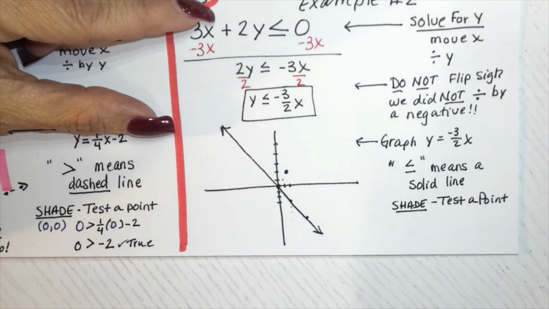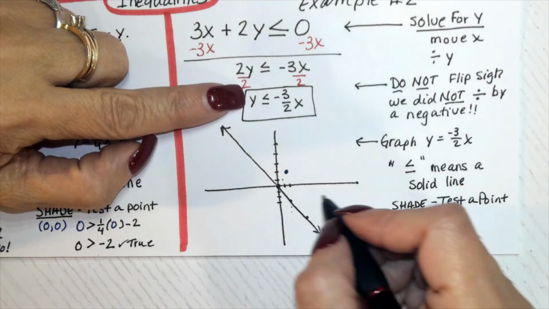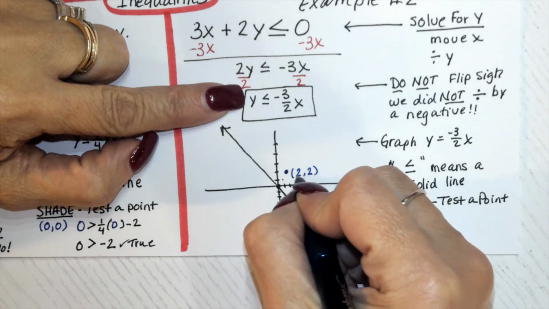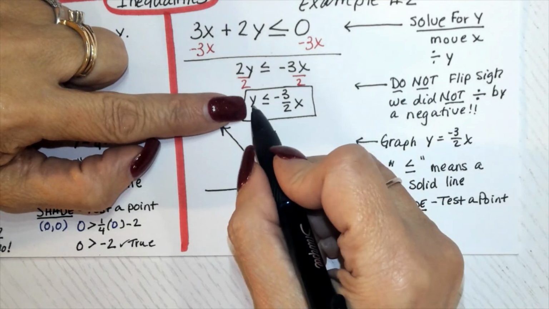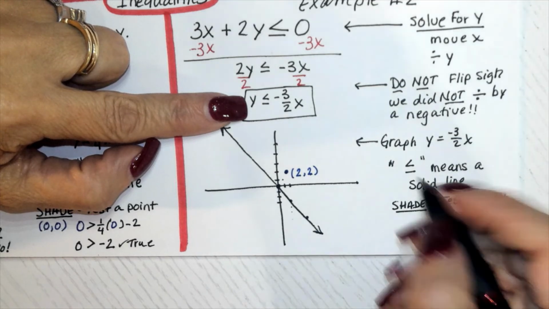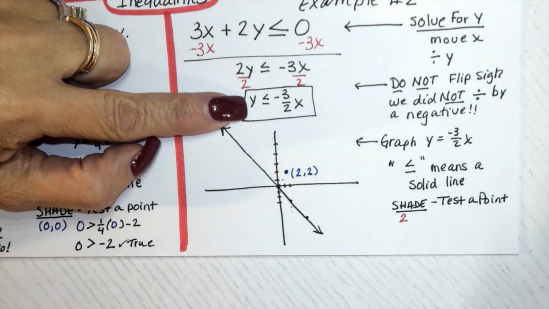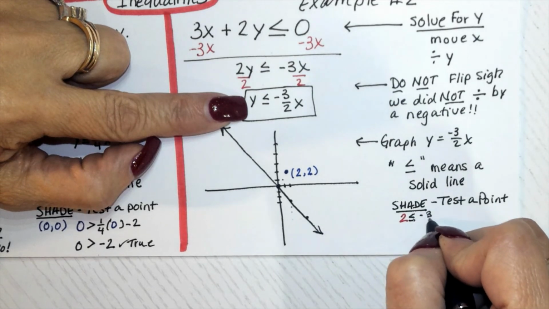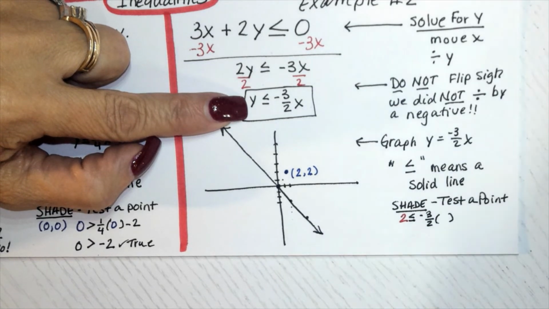Okay, so here's what we're going to do. I'm going to plug 2, 2 in. I'm using numbers that are the same, like 2, 2 or 1, 1 or 3, so that I don't mess up putting it in. You'll kind of catch that. So I'm going to put in 2 is less than or equal to negative 3 over 2, and I'm going to plug in 2.